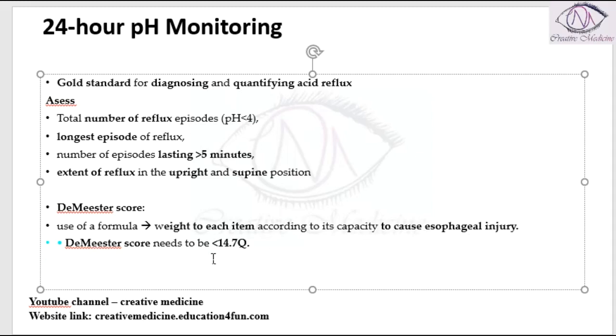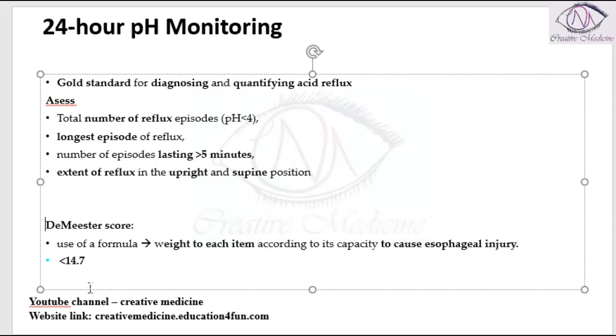In the formula, each item is given its importance based on the esophageal injury it causes. So based on the DeMeester score, we get a score, and if this score is less than 14.7, then it is normal. It should be less than 14.7.